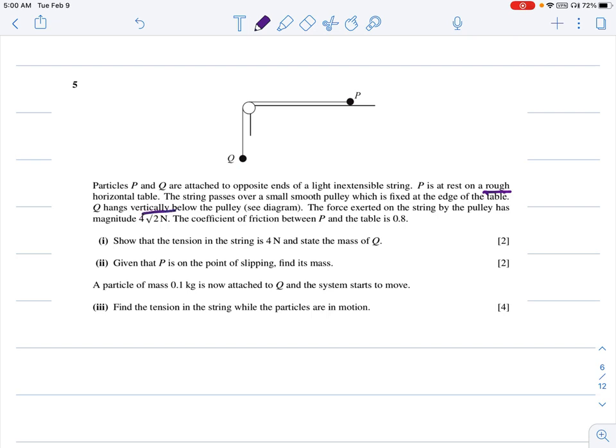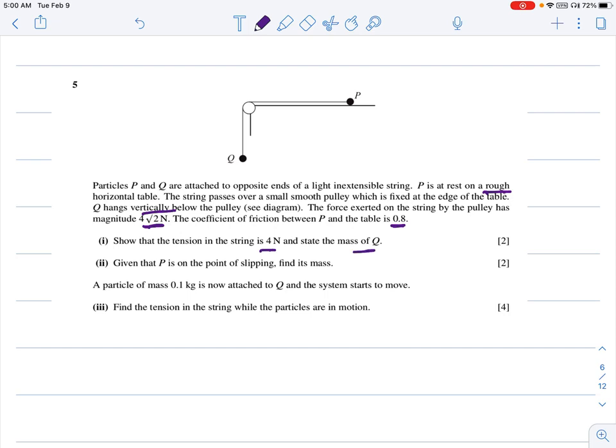Q hangs vertically below. The force exerted on the string by the pulley has a magnitude of 4√2 newtons. The coefficient of friction between P and the table is 0.8. Show that the tension in the string is 4 newtons and state the mass of Q.